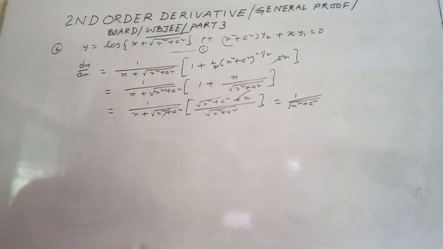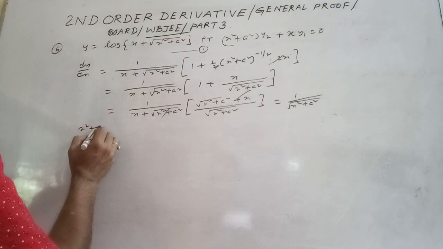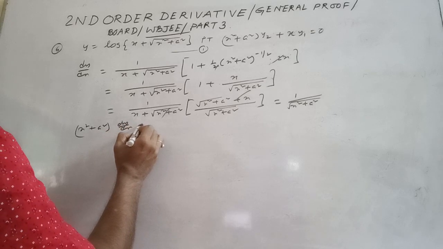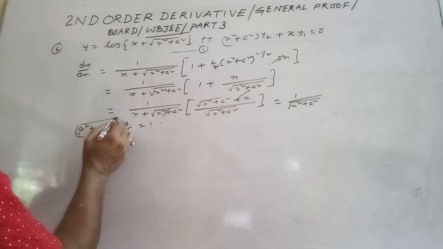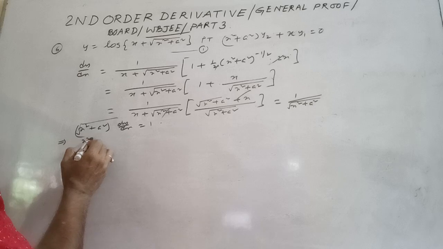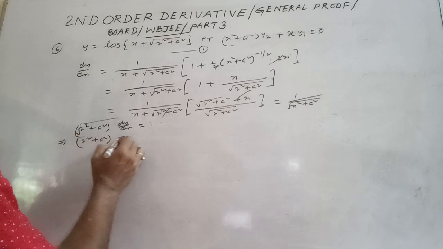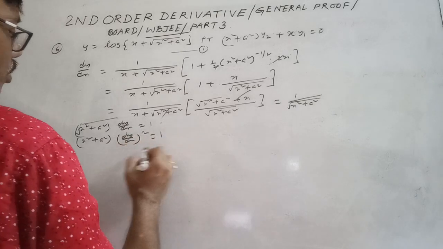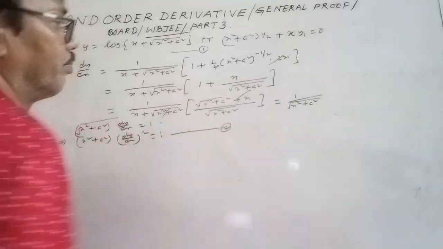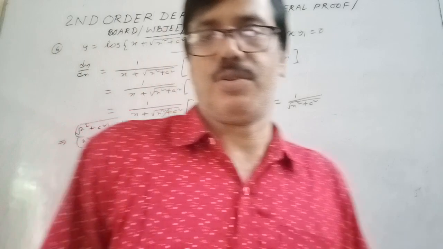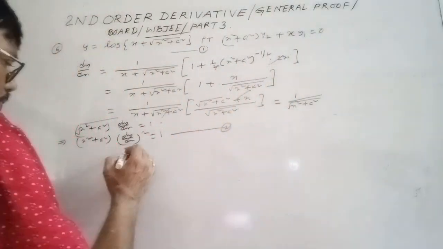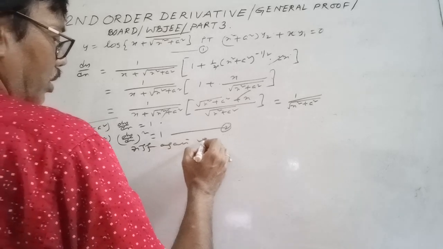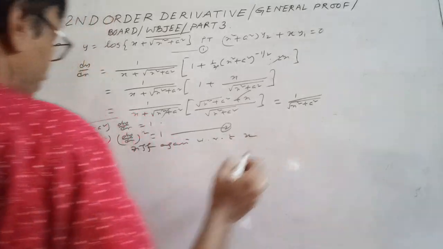Now to avoid quotient rule, root over x square plus a square into dy dx equals 1, and squaring both sides, x square plus a square into dy dx whole square equals 1. So call it 2. Differentiating again with respect to x.